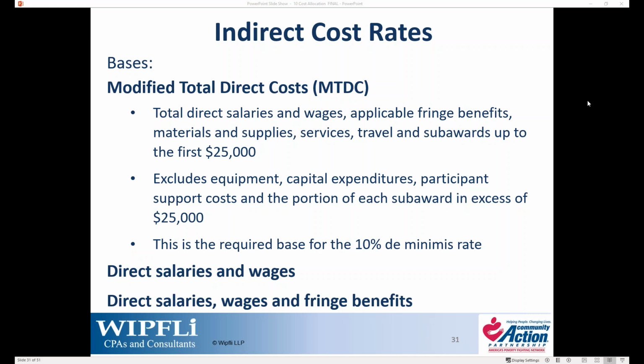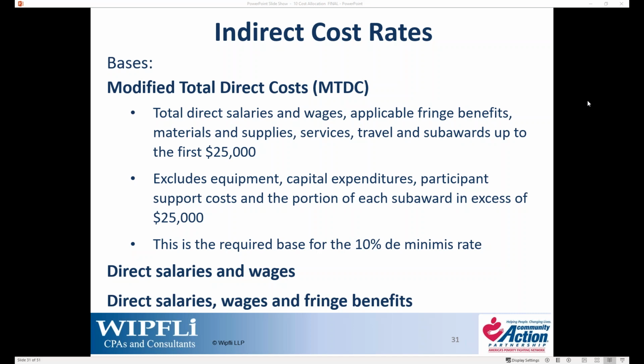What gets excluded from those direct costs is equipment, capital expenditures, participant support costs, and the portion of a subaward that is in excess of $25,000. So what it means with the subawards is that you can only collect your rate on the first $25,000. Anything over that you cannot charge your rate to.